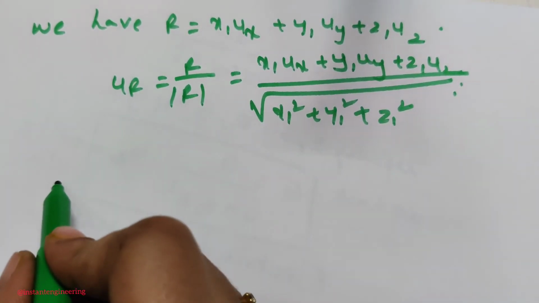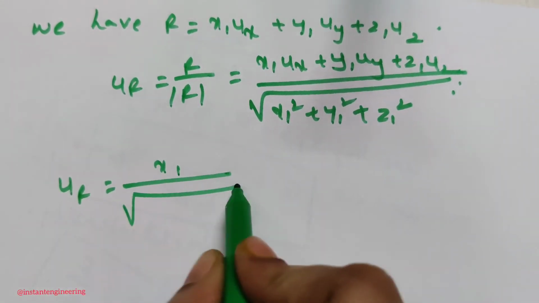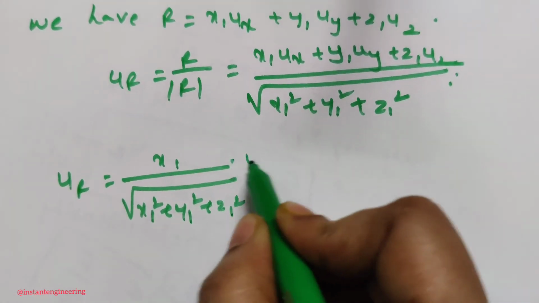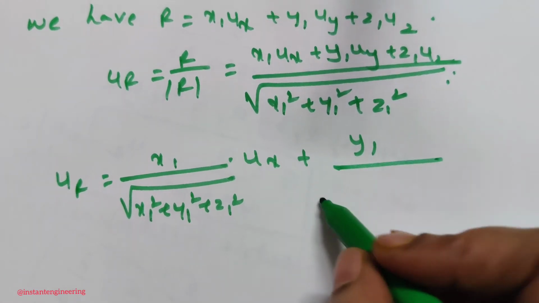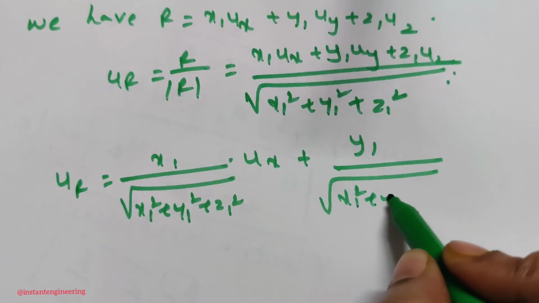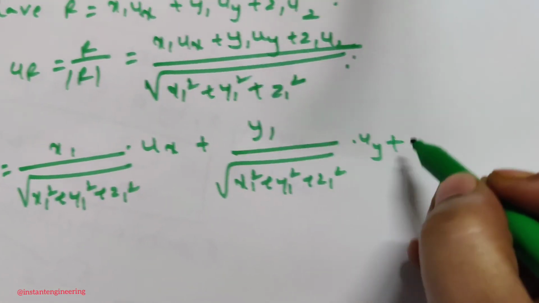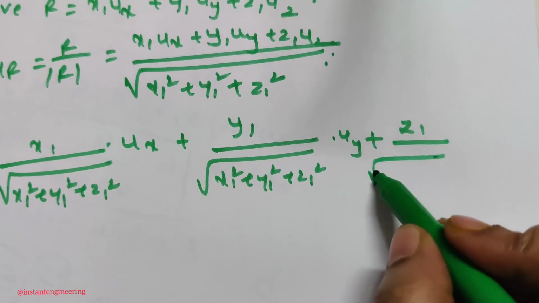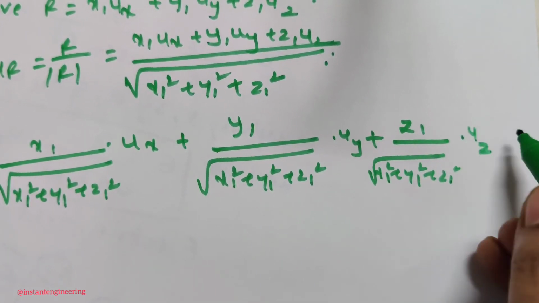You can also write UR by separating this: x1 divided by root of x1 square plus y1 square plus z1 square into ux, plus y1 divided by root of x1 square plus y1 square plus z1 square into uy, plus z1 divided by root of x1 square plus y1 square plus z1 square into uz.